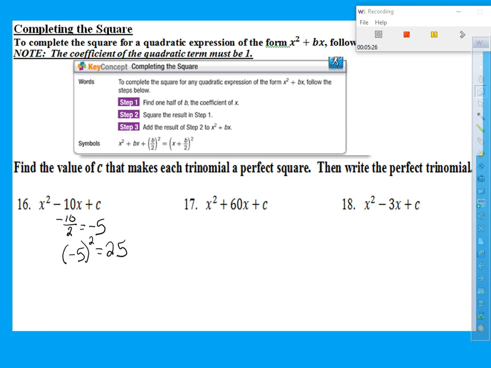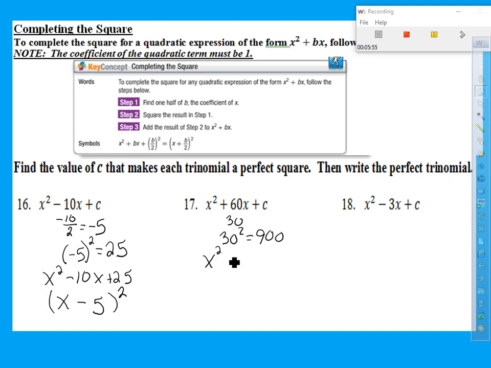The reason you got to be good at this: it would now become x squared minus 10x plus 25, which is a perfect square trinomial that looks like that. Here comes my number 17. Half of 60 is 30. 30 squared is 900.